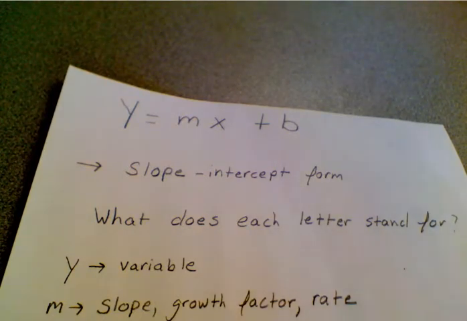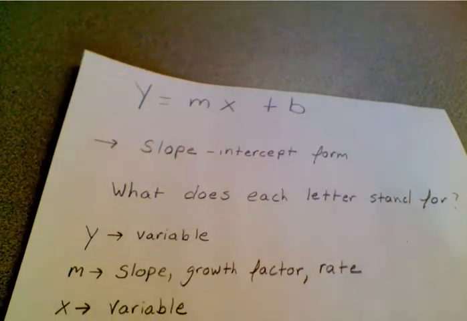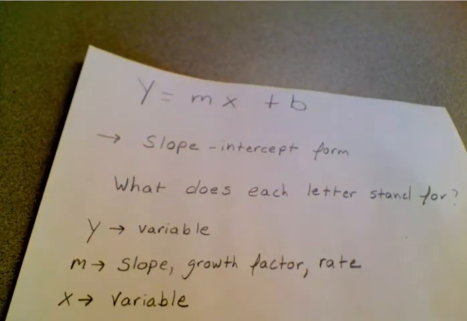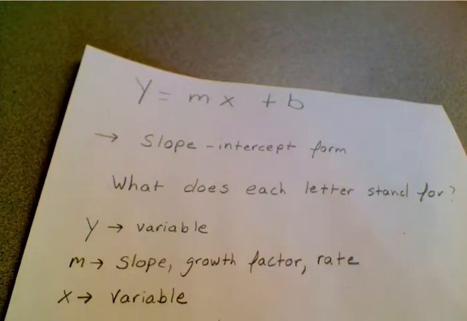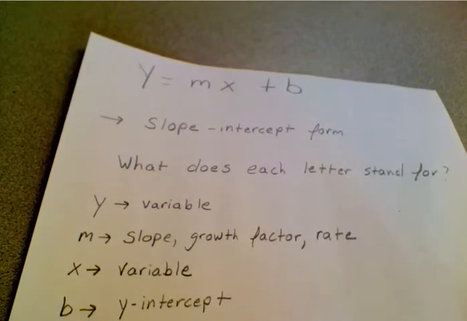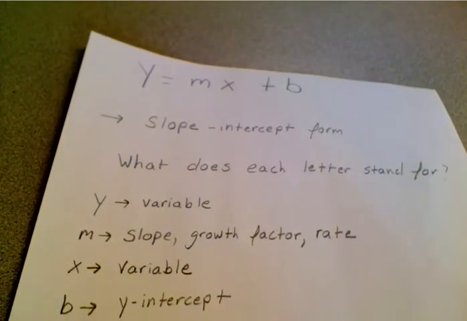That's what the m stands for. x is your variable. It's kind of like y. We don't know what it is quite yet. And b in the equation y equals mx plus b is your y-intercept.